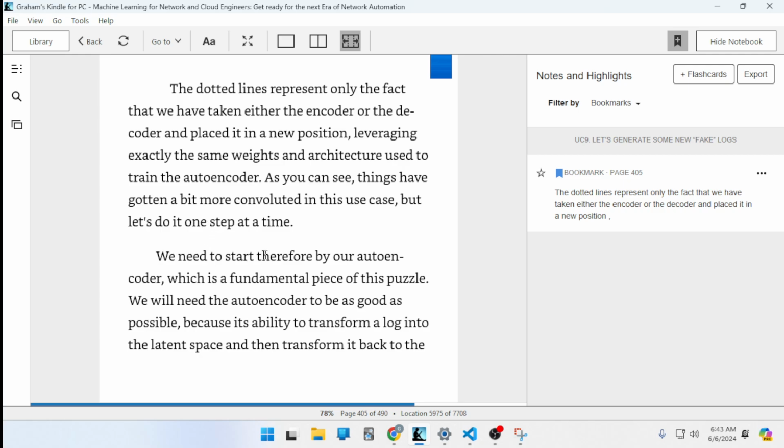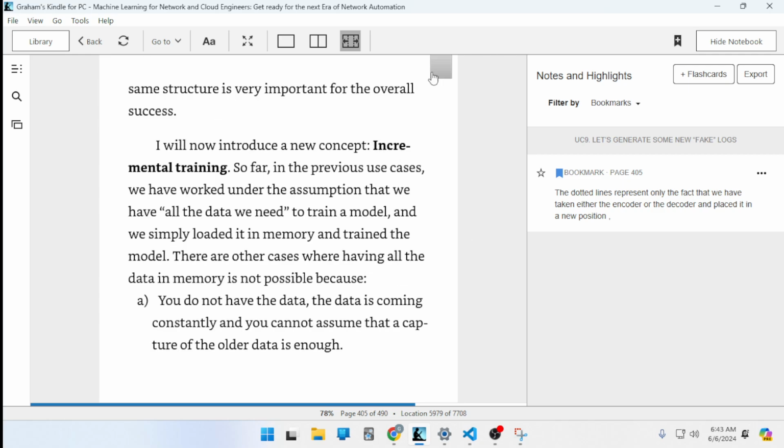We need to start, therefore, by our autoencoder, which is a fundamental piece of this puzzle. We will need the autoencoder to be as good as possible because its ability to transform a log into the latent space and then transform it back to the same structure is very important for overall success.